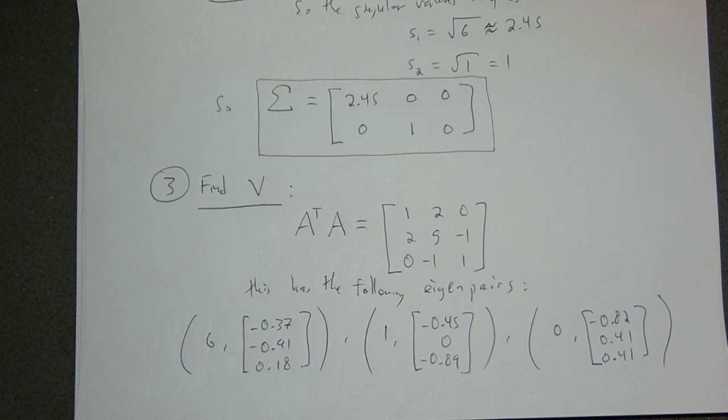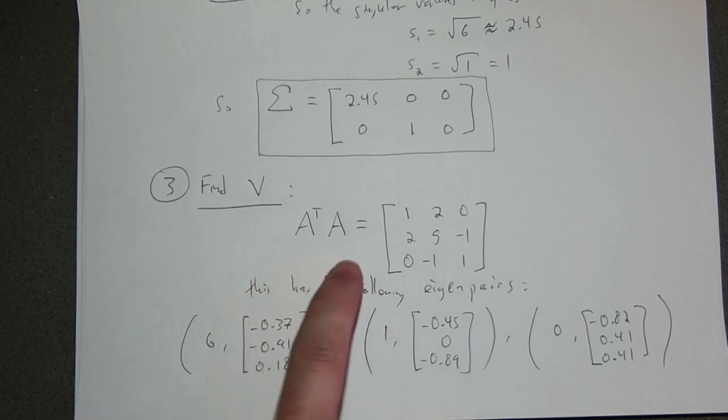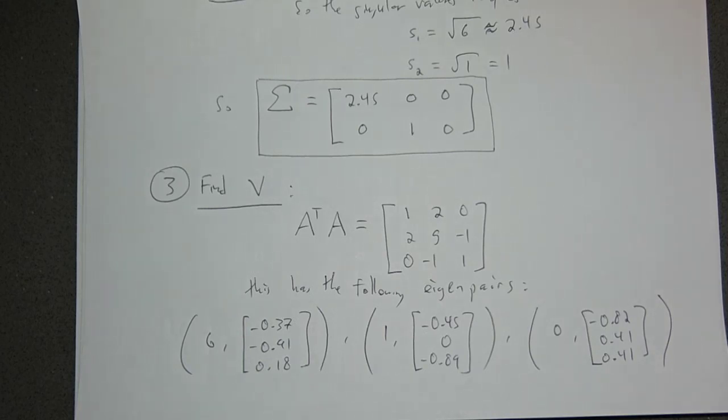Now, here's something. Notice that A transpose A has 3 eigenvalues, and so there's 3 eigenpairs here, right? But we were told in that earlier theorem that they should be shared, right? But A transpose A actually has 3 eigenvalues instead of the 2 that AA transpose had.